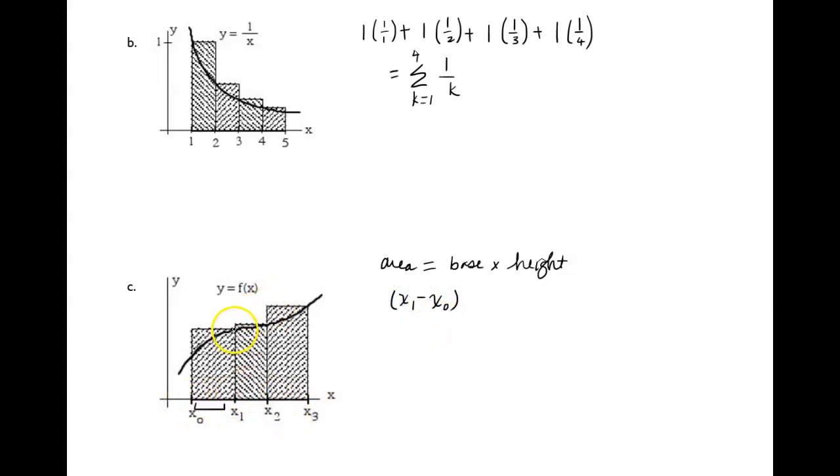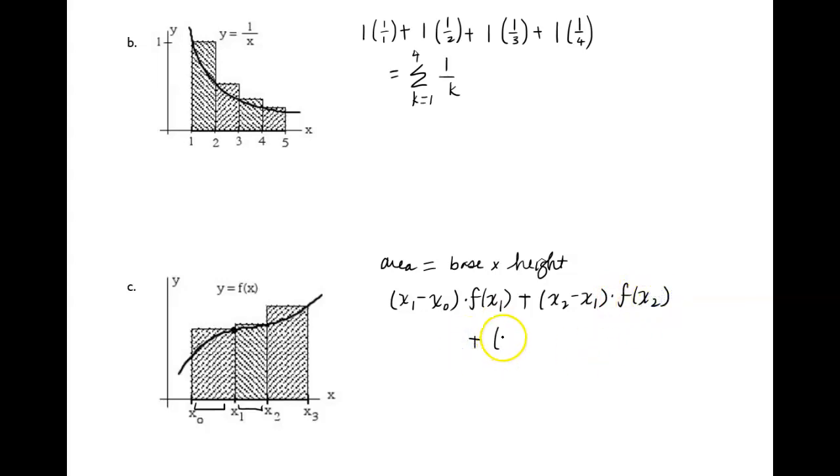My height is whatever f is at this value, x sub 1. So times f of x sub 1. Plus, now my next rectangle, I find my base from x sub 2 minus x sub 1. And then I'm going to multiply that by the height at x sub 2, f of x sub 2.